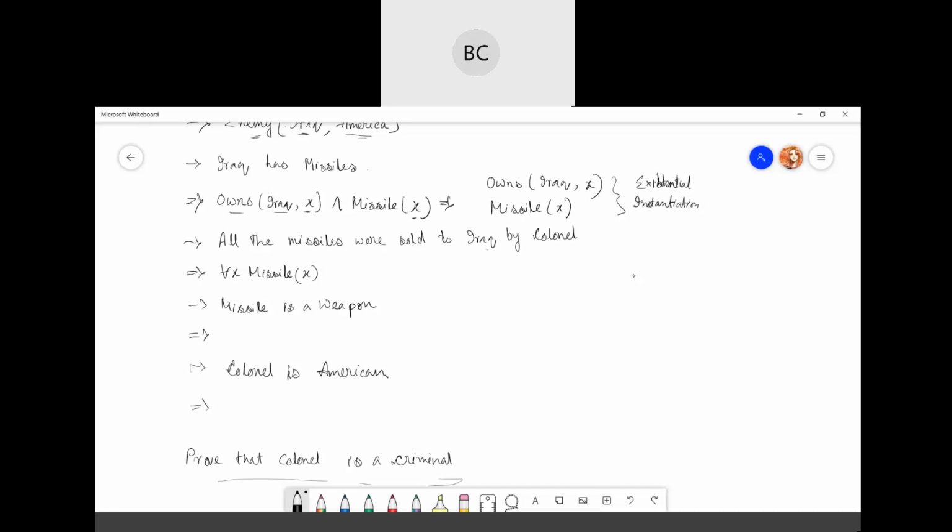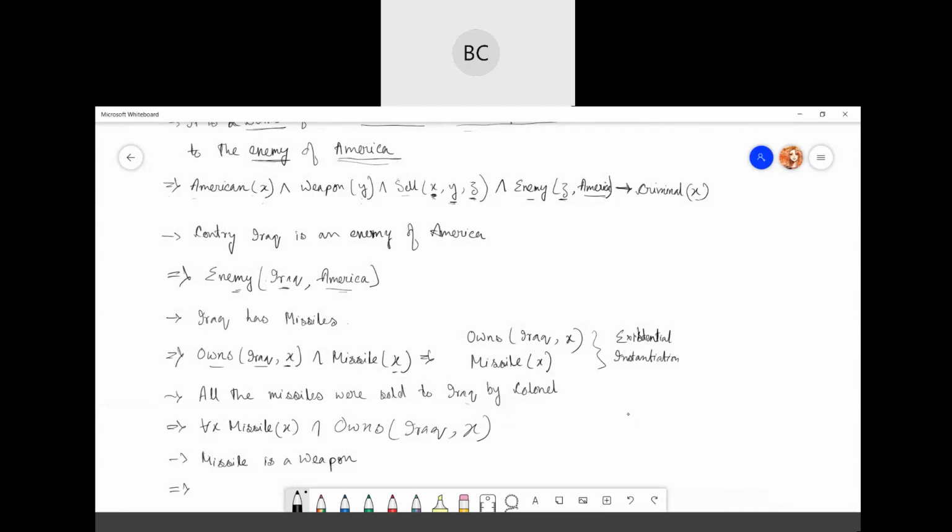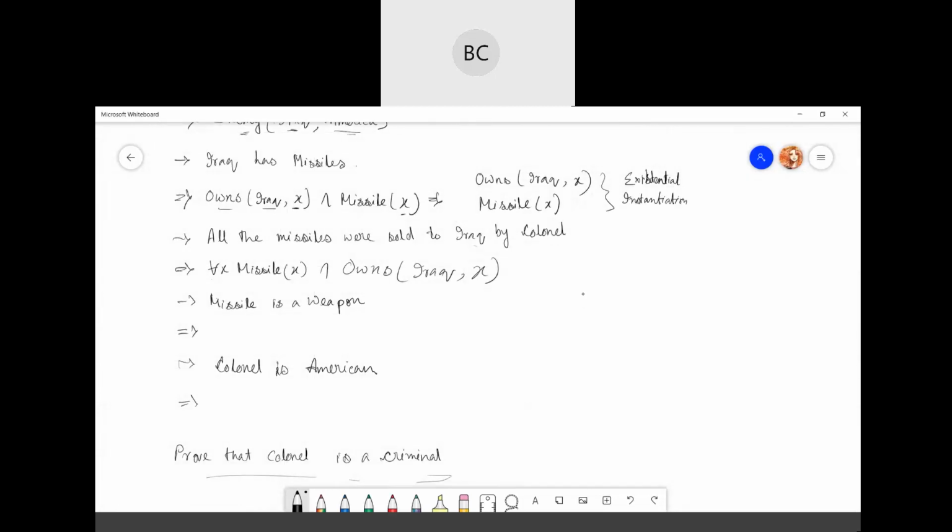So for all missiles, I can just write: for all X, missile X. Then these missiles are owned by Iraq. Iraq owns missile X, so it is a similar relationship to what we used here: Owns(Iraq, X). If these things imply that these missiles are sold to Iraq by Colonel, right?